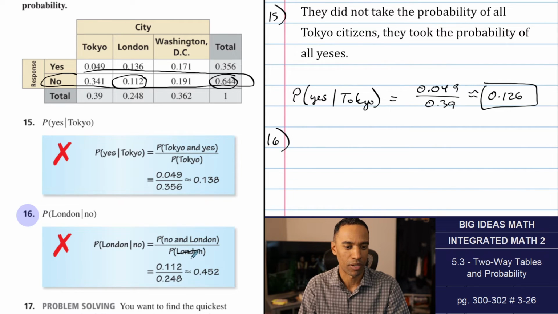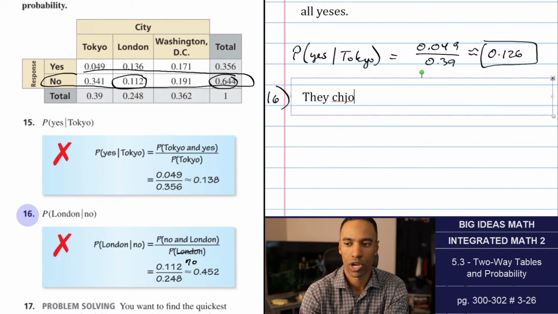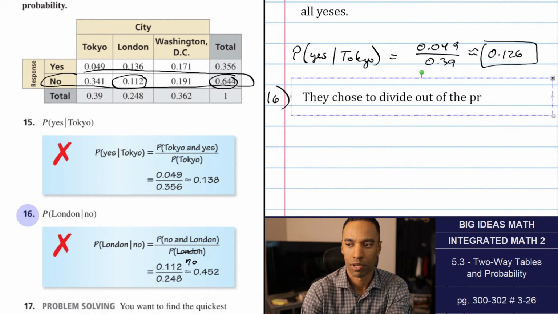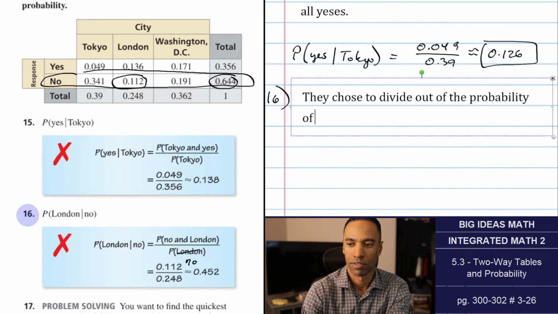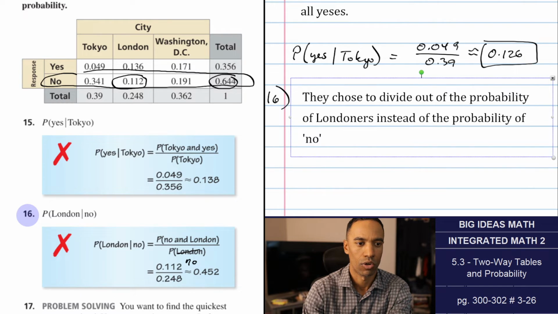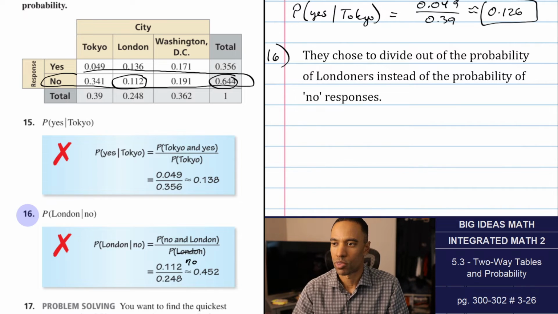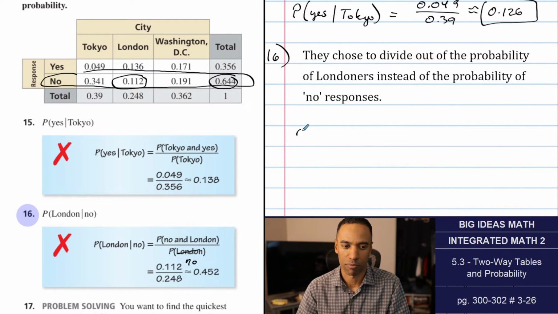They were supposed to select probability of no. So when given no, they chose to divide out of the probability of Londoners instead of the probability of no responders. So they had the wrong thing to state, so I want to kind of start that from scratch.